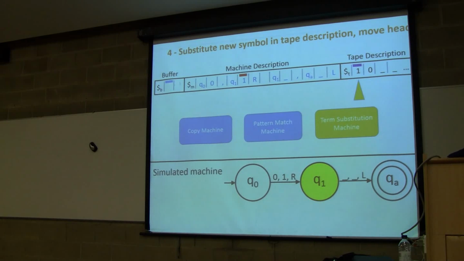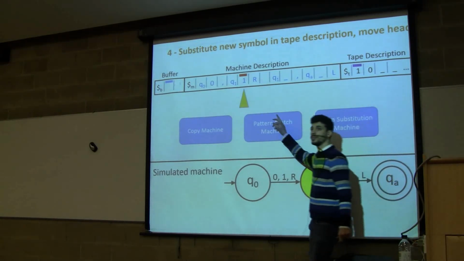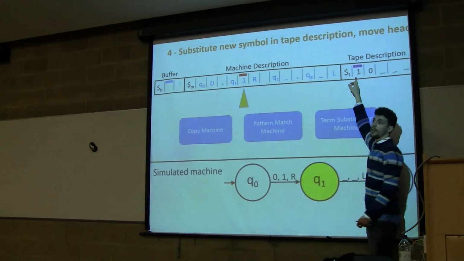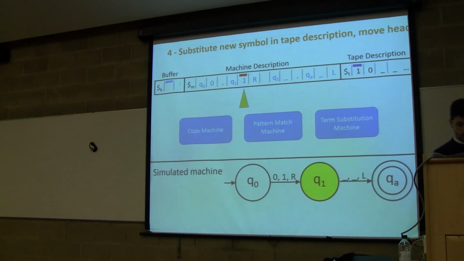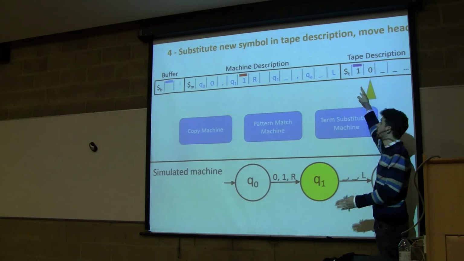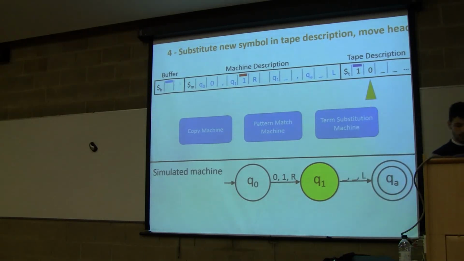You go back, you move and have a look at what movement this rule has performed, which is go right. So you know you have to go right, you apply the rule, and so you move the head of the simulated Turing machine to the right.